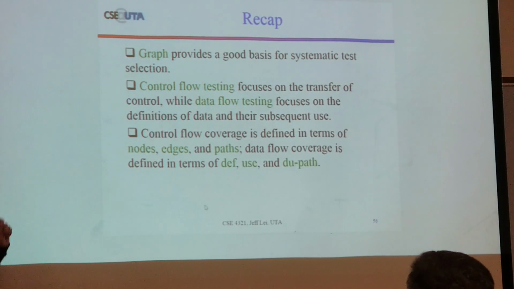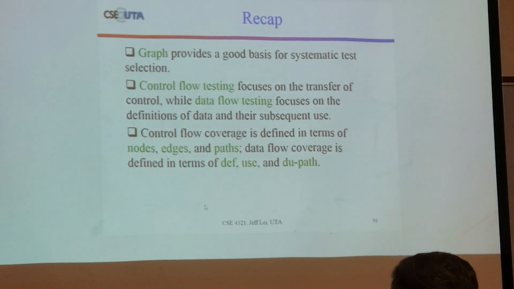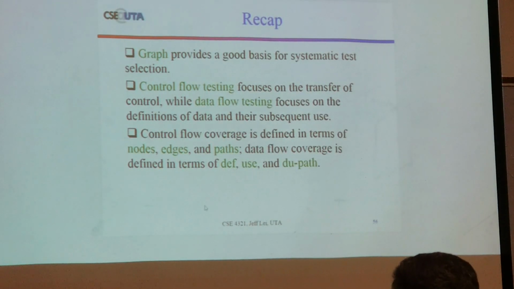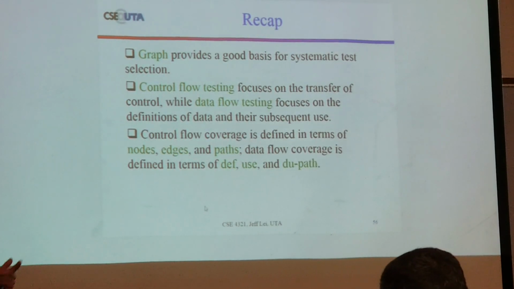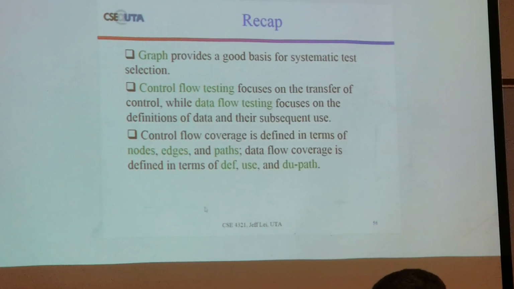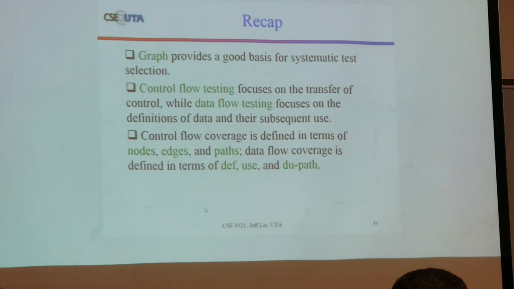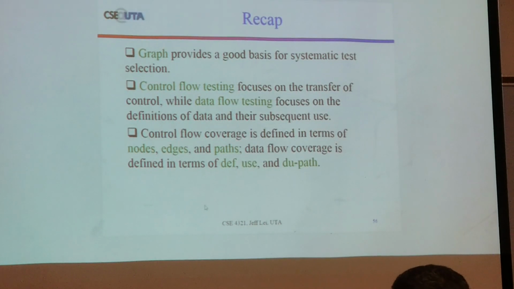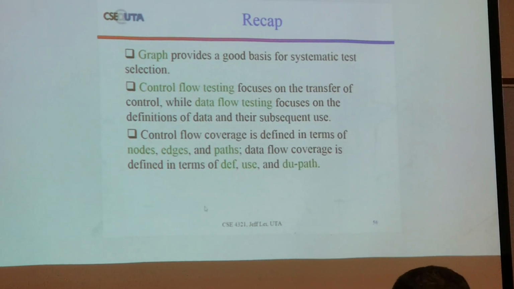So to recap, graphs provide a good basis for systematic test generation. I just want to emphasize the key to testing is really that you have to be systematic. You cannot be ad hoc. You cannot say, well, because I like these particular values I could test. The problem with ad hoc is that you do not know what you have tested, what you have not, whether you have covered all the different bases. Many bugs hide at the corner cases.